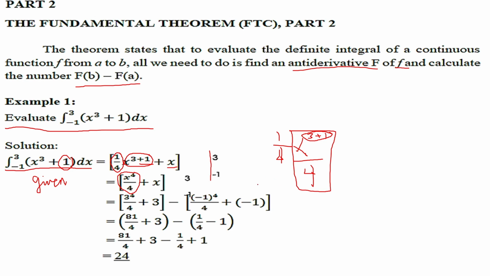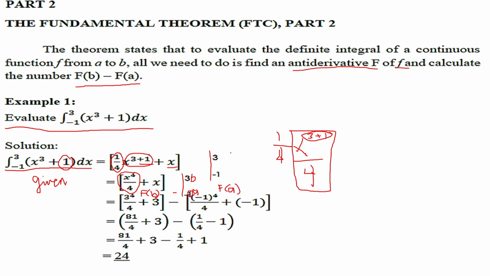So in here, you just put x raised to 4 over 4 plus x in the shorter way. And then this is also a vertical bar notation. So as you can see here, you will just substitute the value of b and a. This is negative 1, as you can see here. You cannot see it, it's so small. Next, you will just substitute first the value of b, because we get F of b minus F of a.